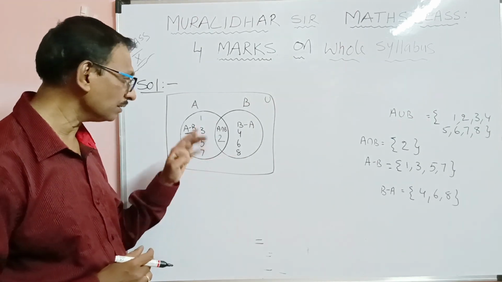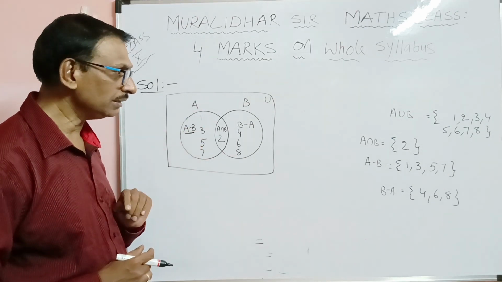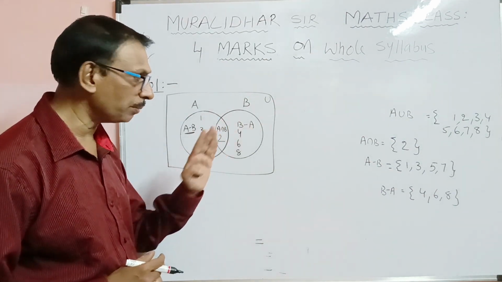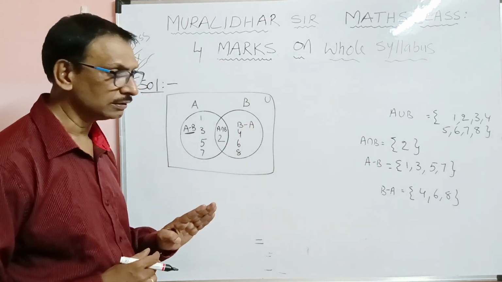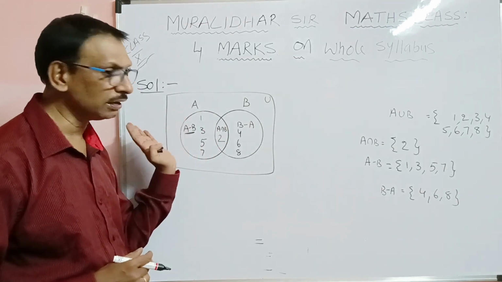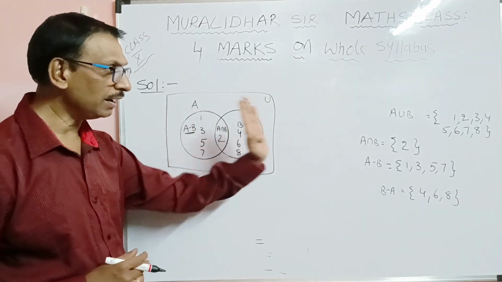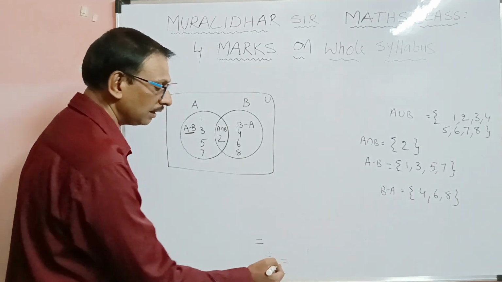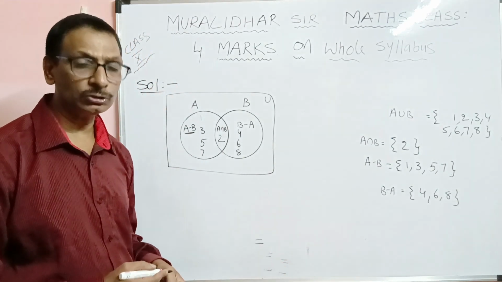A minus B means only elements of A 1 3 5 7. B minus A means only elements of B 4 6 8 which are not in A, not in common. కాబట్టి మన వెన్ డయాగ్రామ్ కంప్లీట్గా ఇలా రిప్రజెంట్ చేస్తే అదే రిలేటెడ్ వెన్ డయాగ్రామ్ ఆఫ్ ద డేటా అవుతుంది.